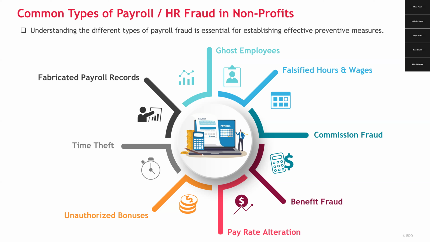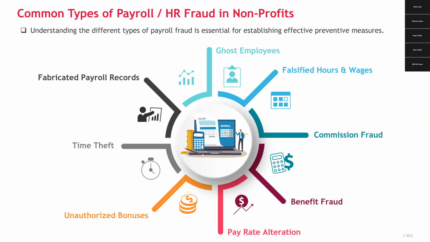And the sixth kind of fraud that we look at is unauthorized bonuses. In this situation, it involves issuing or approving bonuses without proper authorization or outside the established policies and parameters that we have in an entity.